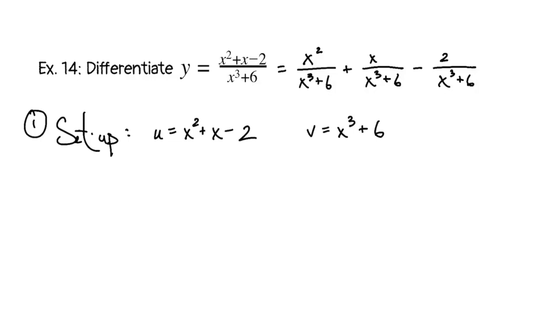So if we have that, take a moment in the privacy of your learning space right now and go ahead and find du and dv using the rules that we learned last week. And once you have those, maybe go ahead and type those into the chat.